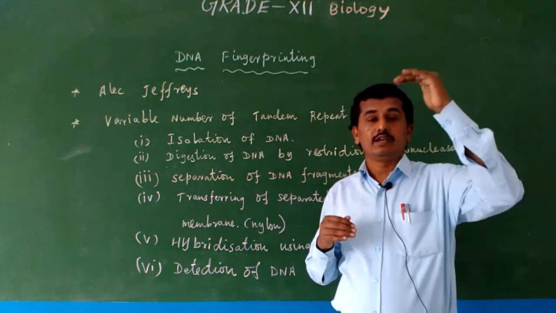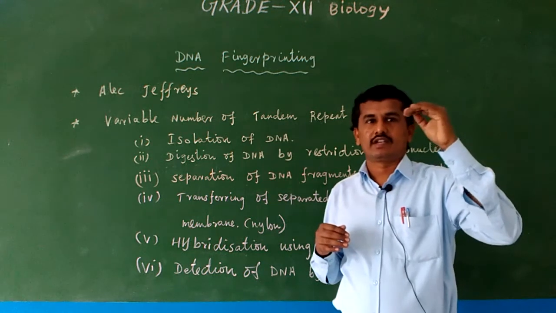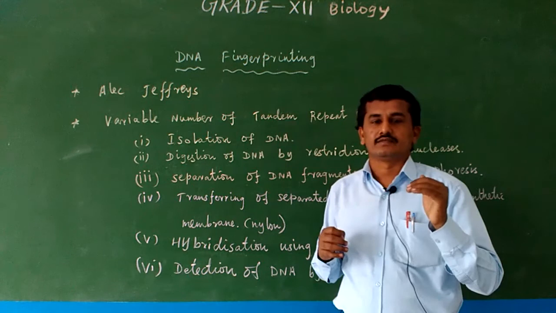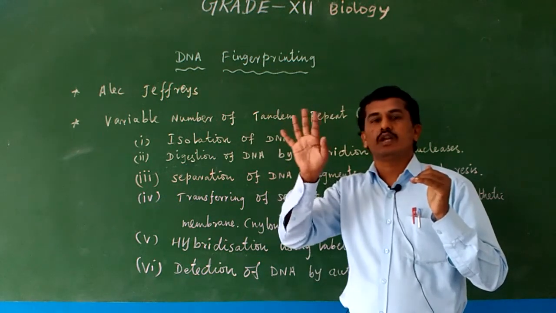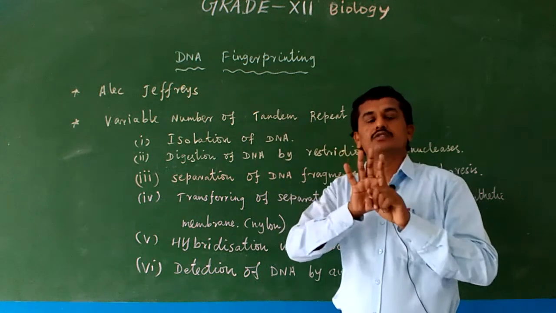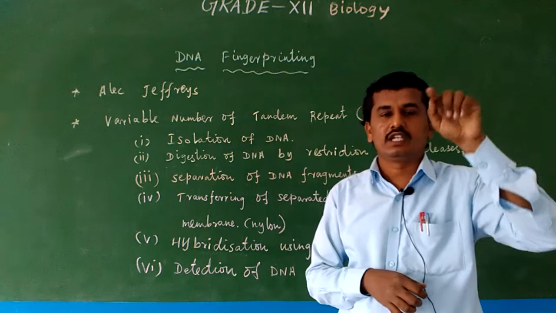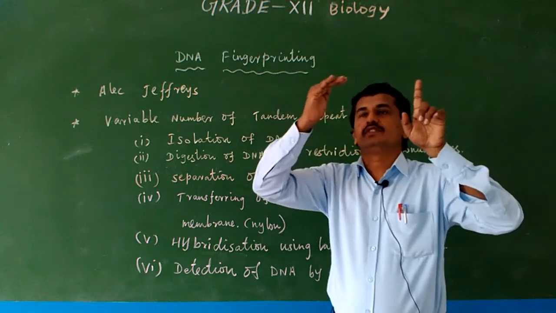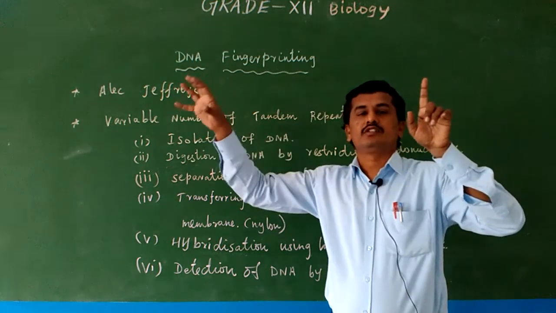For example, suppose we get DNA from a crime scene and analyze the DNA of 5 persons. Which one is closely related to the suspected person, say suspected person A? With autoradiography we compare the DNA of A, B, C, D, E, so we check 5 persons.